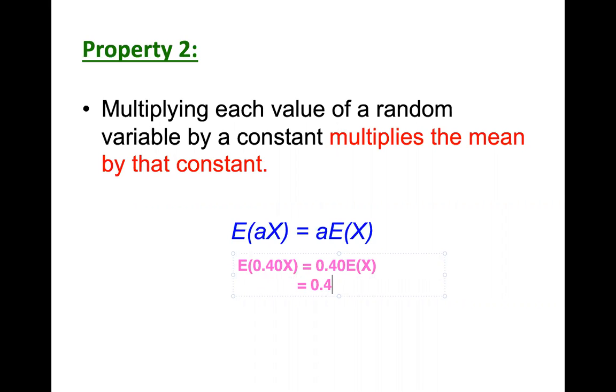So that's going to be 0.4 times the old mean, which was $20. And that gets me $8. $8. That's awesome. All right, any questions on that property, number 2?